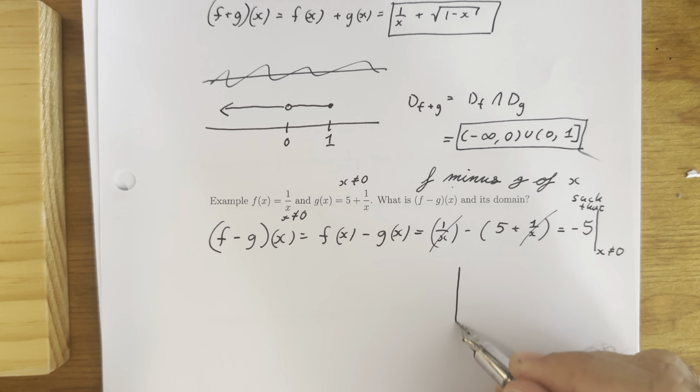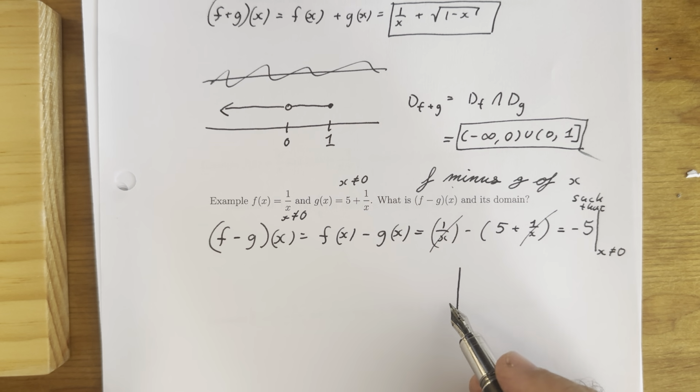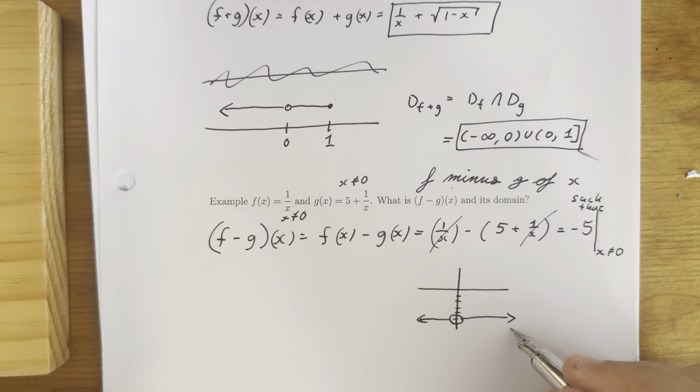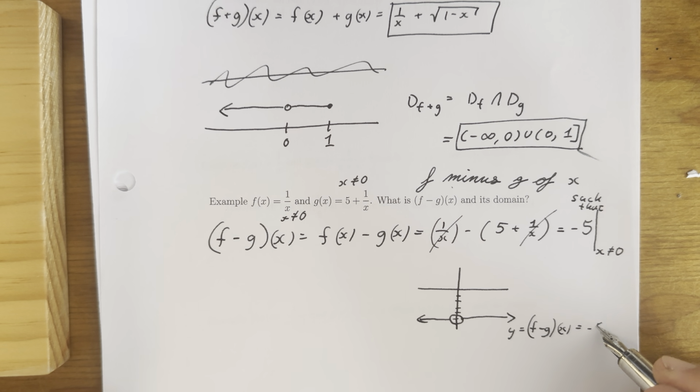And if you were to graph y equals f minus g of x, you would put a big circle right there to show that you are not including that point. And again, this is the graph y equals f minus g of x, which is the same thing as -5, such that x does not equal 0.